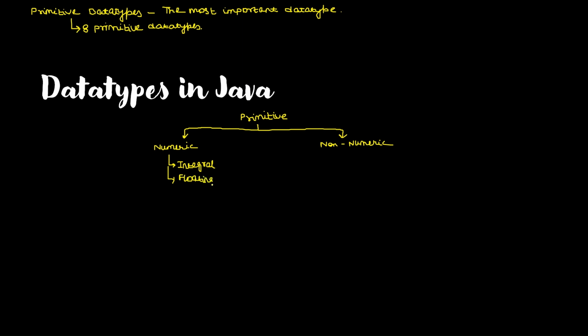Now, I know that you know about all of this, but it's good to revise these concepts once again in this video. And in non-numeric types, there is a character type, and the other is a Boolean type.